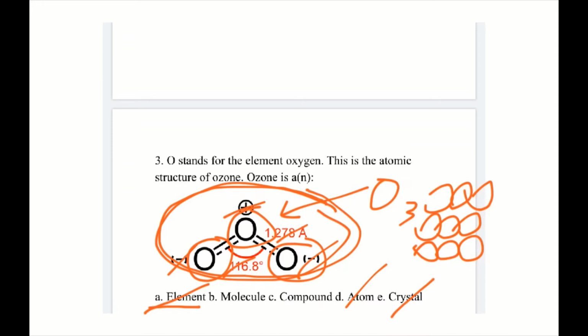So a compound has multiple elements, aka 2 or more elements, inside the structure. But clearly we only see oxygen atoms being incorporated into ozone. So this is not a compound. Now, the definition of a molecule is just a substance with 2 or more atoms. This clearly has 3 atoms, which is more than 1, so we can conclude that the answer for this is B. Ozone is a molecule.